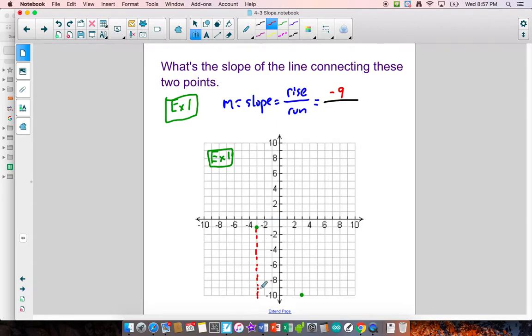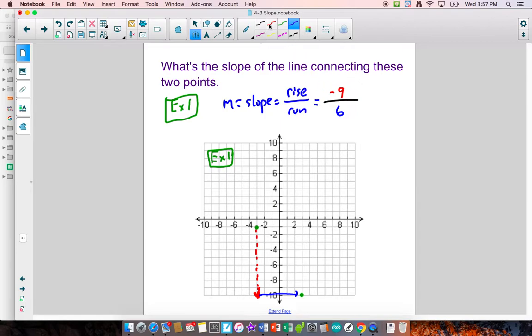I went down 9 to get from this point to that point. And in the blue, in the run direction, I went in the positive x direction, from -3, so 1, 2, 3, 4, 5, a total of 6. So I went down 9 over 6.